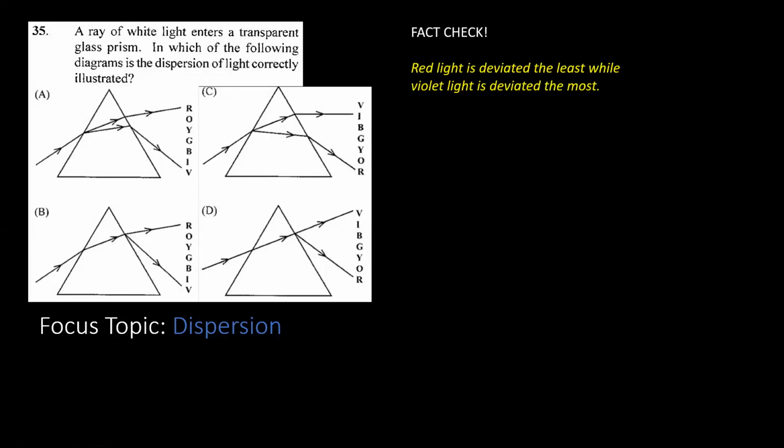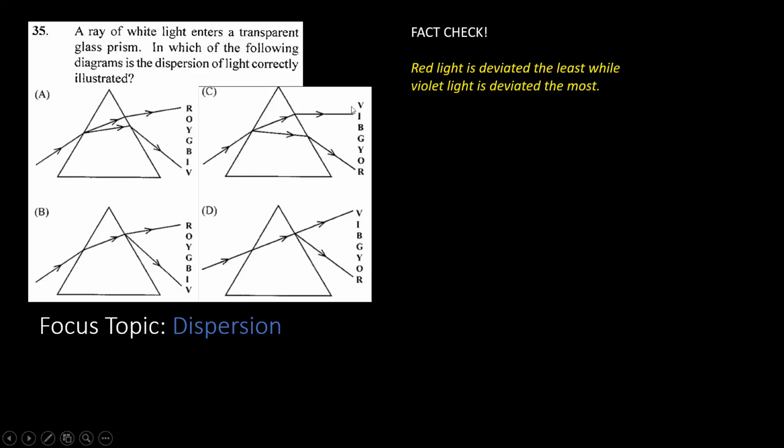Number 35. A ray of white light enters a transparent glass prism. In which of the following diagrams is the dispersion of light correctly illustrated? So we know that red light is deviated the least, while violet light is deviated the most, and that is shown in diagram A. The others, for example, B, doesn't show where the splitting of light occurs correctly, so B would be out.